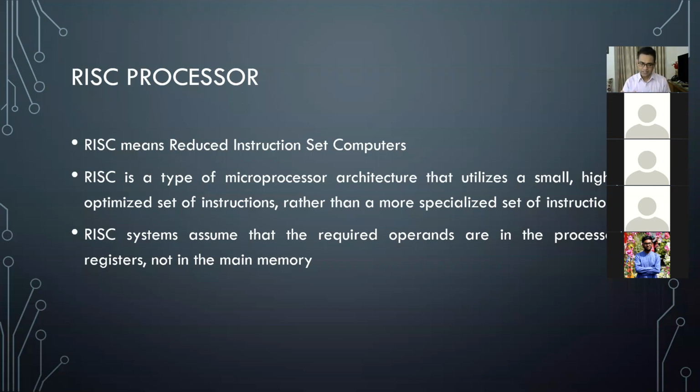Then you need to add, and then store the result into the first register. So we need 4 simple instructions to do the same task of adding. Previously we just wrote one line of code in CISC, but in RISC we need to write 4 lines of code.